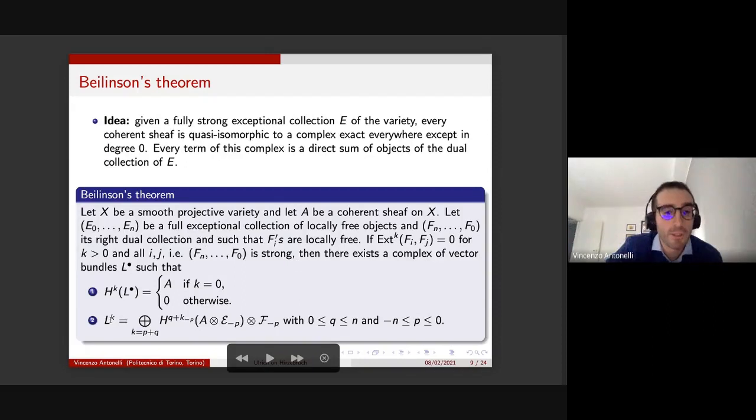Each term, as you can see here, is just a direct sum of a number of copies of the elements of the exceptional collection. So if you don't have this nice additional property on the collection, you're not able to obtain a complex, but you have a spectral sequence which degenerates to the coherent sheaf that you're considering.